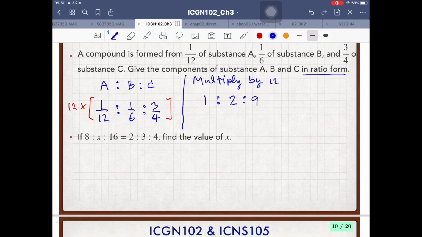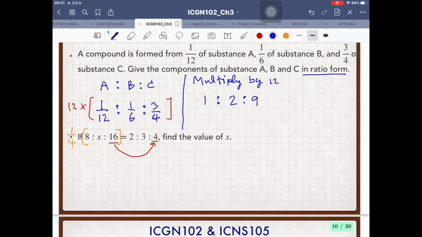Okay, so here you can see that if you want to go from 16 to 4, you need to divide 16 by 4, right? 16 divided by 4, you get 4, all right? So here it means that you need to multiply all the terms by 4.